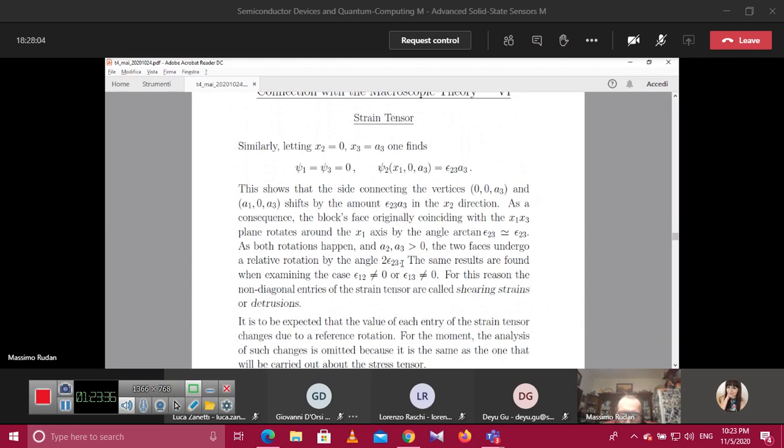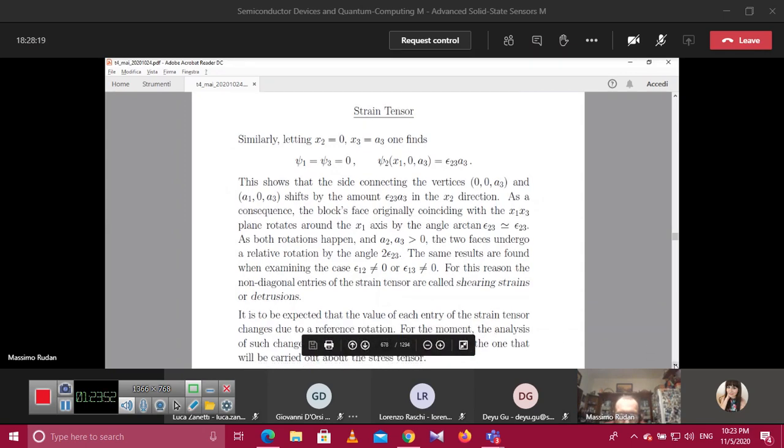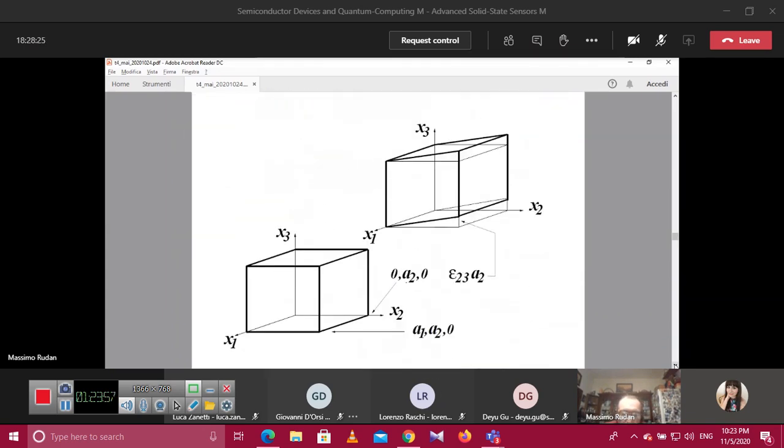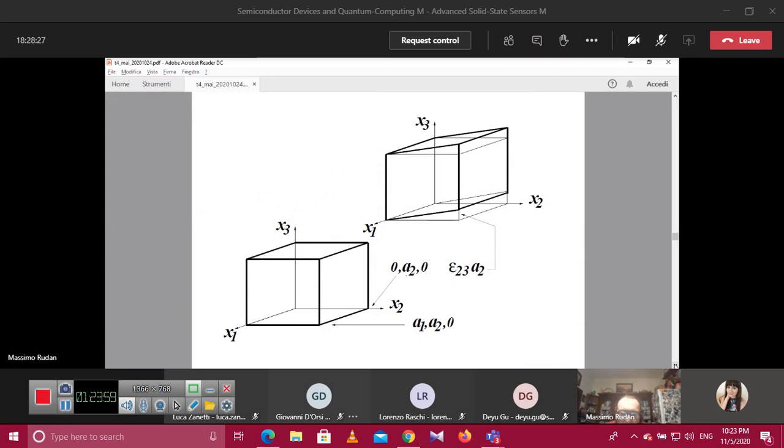Obviously, we may also have combinations of these types of deformations, and all these combinations are linear because they are so small that they combine with each other linearly. So probably there is a figure in which we have two of them here. Now this is again a shear, but in this case the shear is due to a vertical force applied to the right face that tends to rotate the element with respect to the left face.